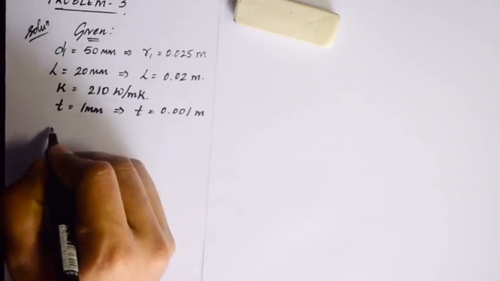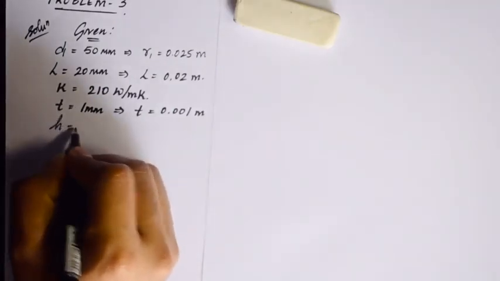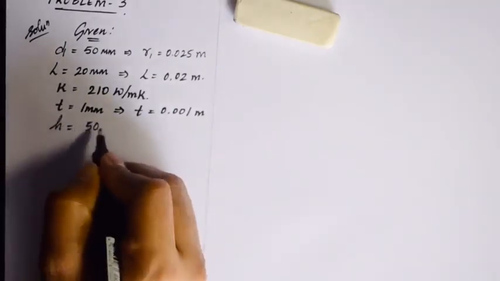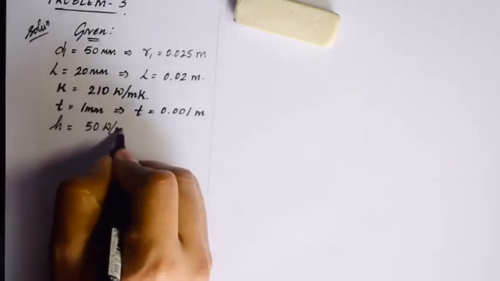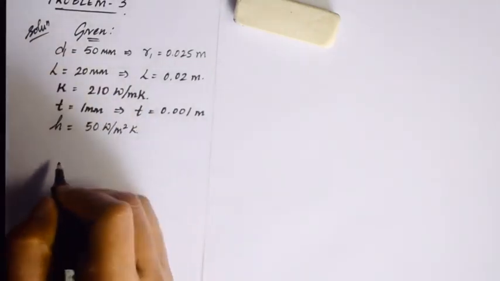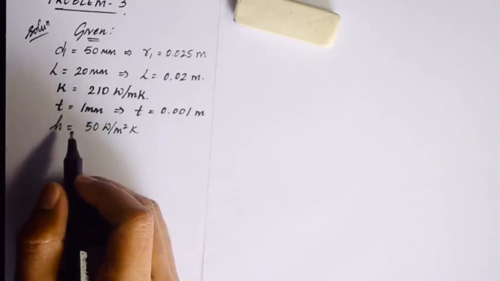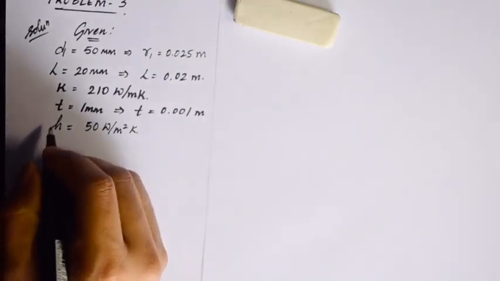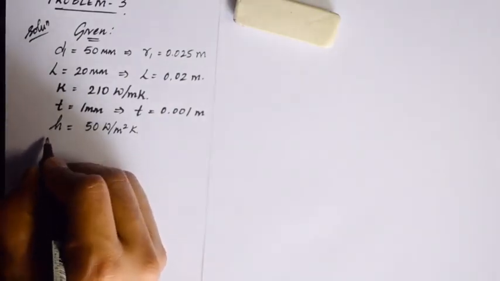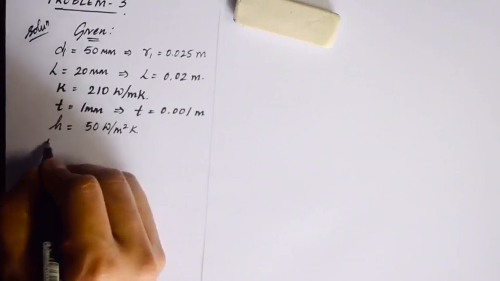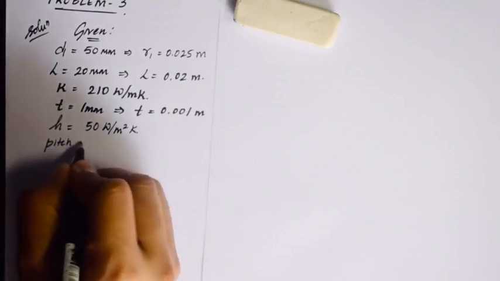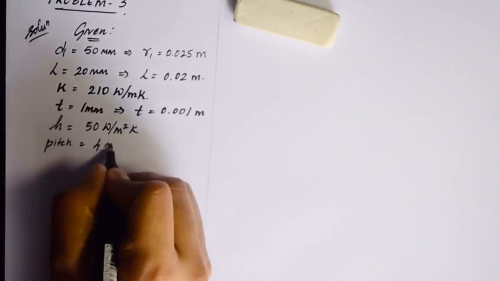At the same time, you also find the heat transfer coefficient to which this fin is exposed, which is given as 50 watt per meter square Kelvin. So we have these data. With respect to this, we need to find out the heat flow and the fin effectiveness. One more thing is given, the pitch of the fin is given as 4 millimeters.